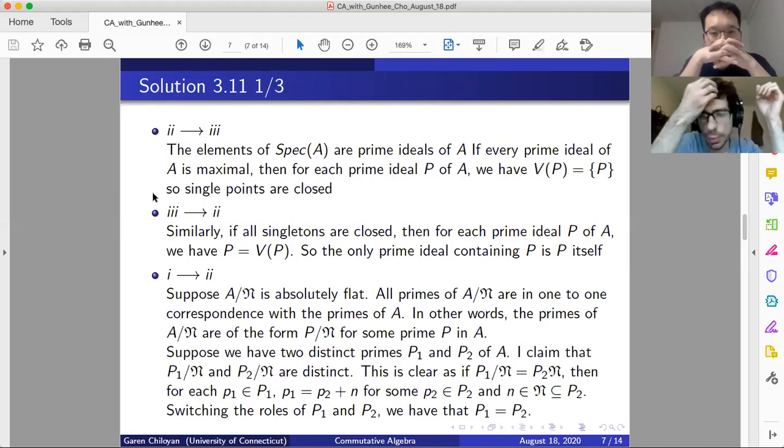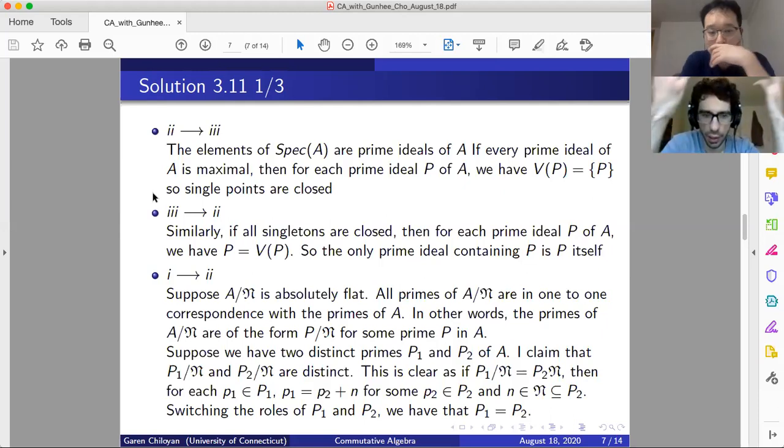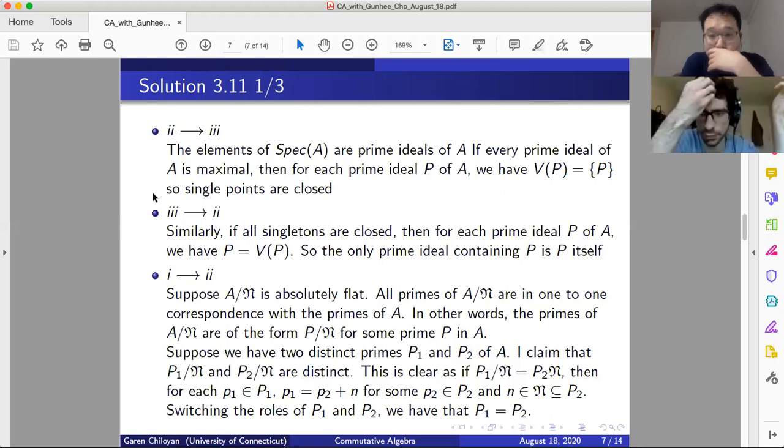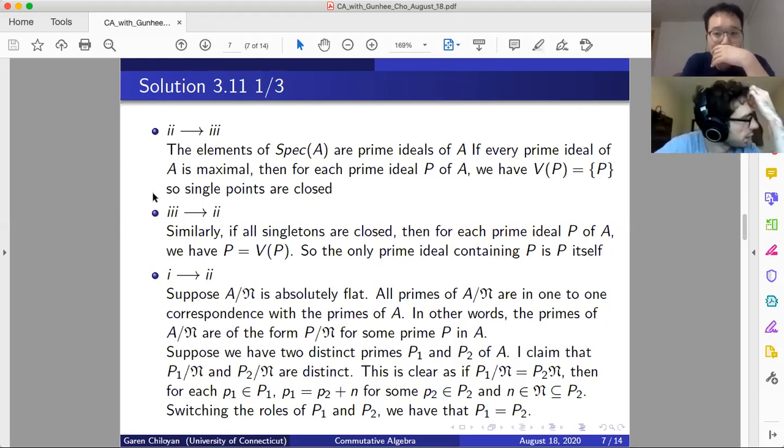The elements of the spectrum are just prime ideals of A. Then for each prime ideal P of A, the set V(P), the zero set of P, is the set of all primes that contain P. Because P is maximal, there can be only one element in that set.